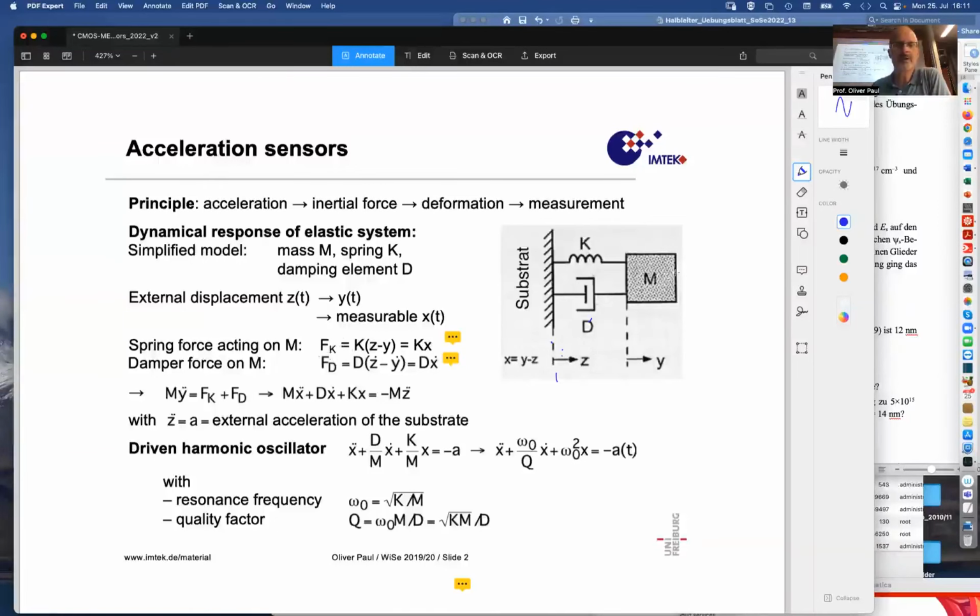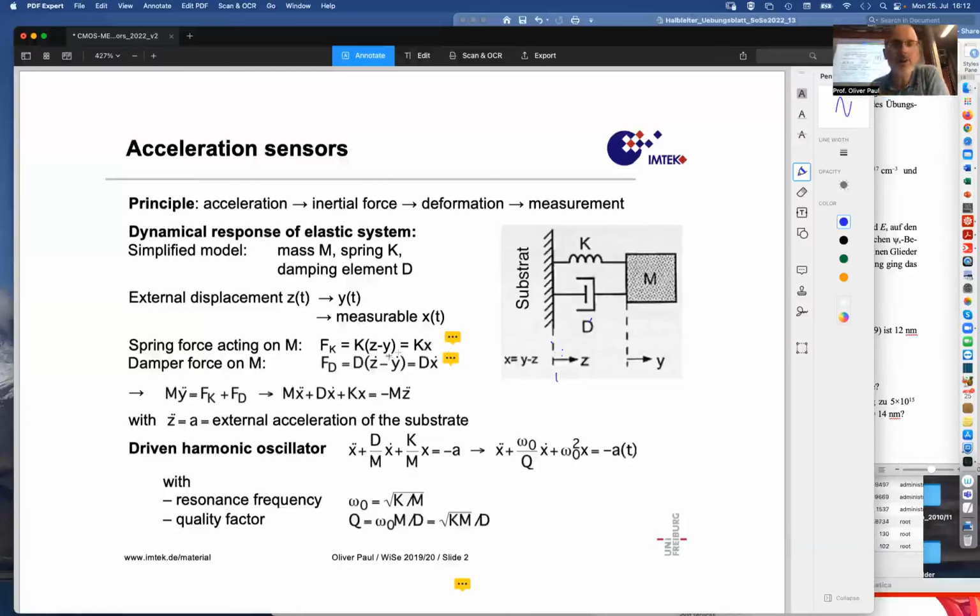acting on this mass is k times the length change. If the spring is compressed, z minus y is positive. The mass has moved less than this other side of the spring, and then the force is positive.